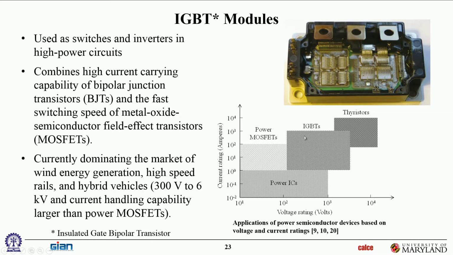And you can see standard BJTs would be down here, power MOSFETs are down here, and then IGBTs can carry even better voltage and current ratings and still retain their switching speeds. Okay? So they kind of combine the advantages of fast switching that you get in field effect transistors and the high current carrying capabilities that you normally get in standard bipolar junction transistors.